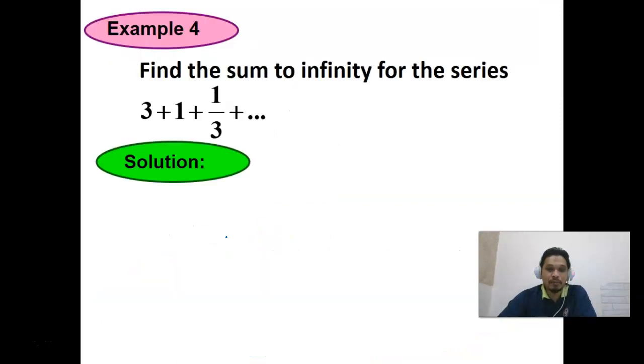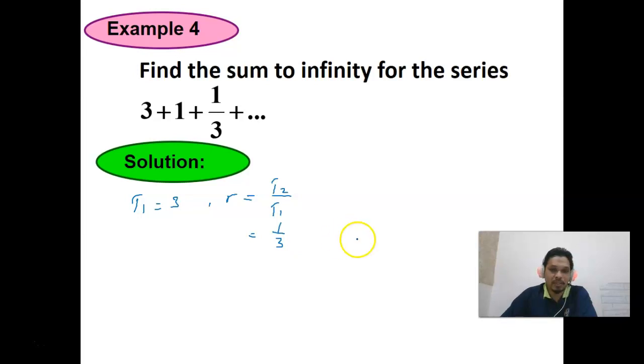Example 4, find the sum to infinity for this series. Given that the first term a is equal to 3, and r equals the second term divided by the first term. The second term is 1 and the first term is 3, so r is 1 over 3.